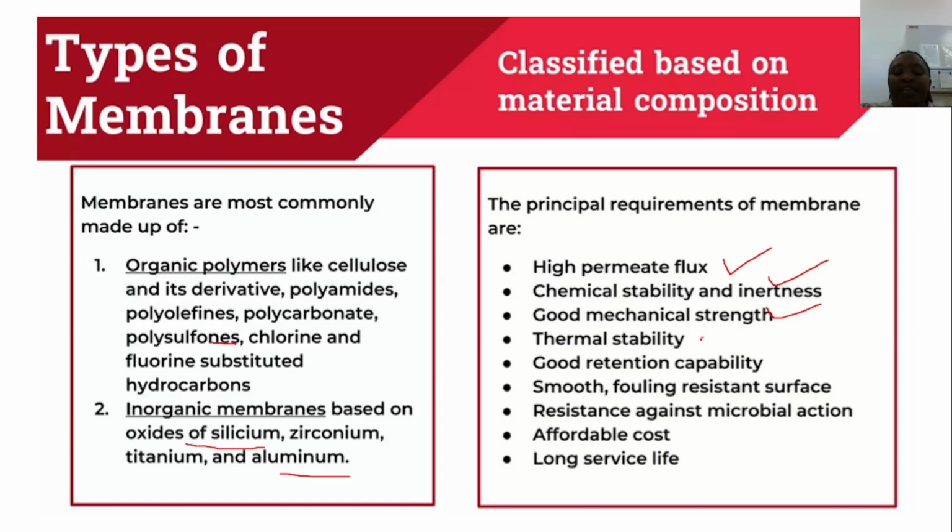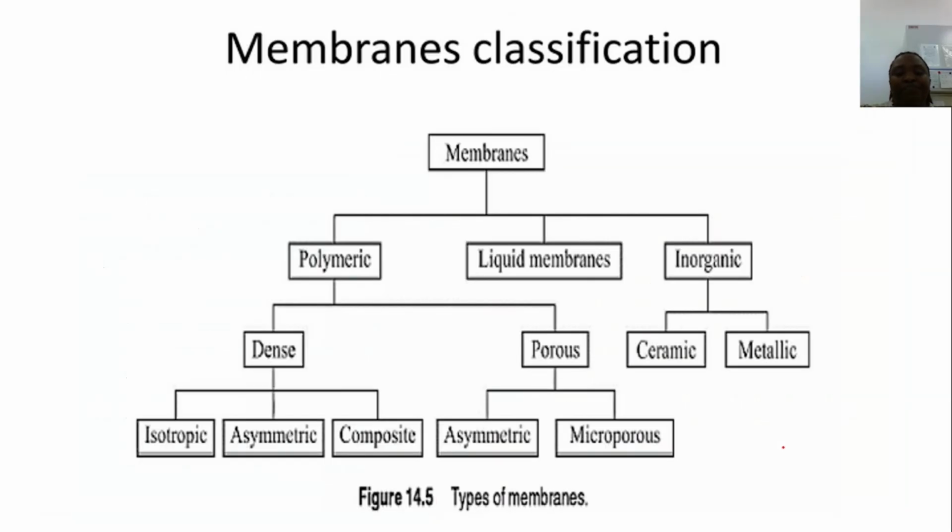Then thermostability, to maintain temperature, because temperature affects how a substance moves across the membrane. A smooth, fouling-resistant surface, so that it doesn't trap substances that are not supposed to pass through. Resistance against microbial action, so that you do not have growth of microorganisms with time. Affordable cost, important, and then long service life.